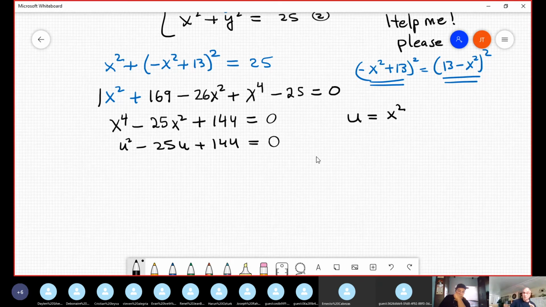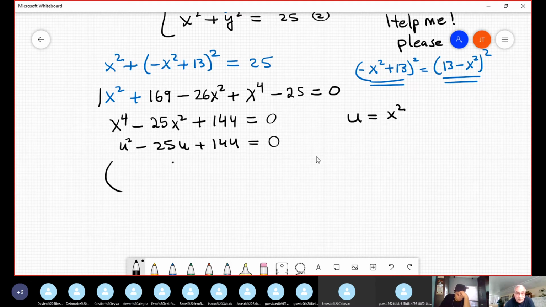Of course, you solve this quadratic equation, maybe by factorization or the quadratic formula, but the value that you get is the u value. And using this u value, you come back to the substitution and you get the x value, which is the value that we need for the original. This is one point of view.